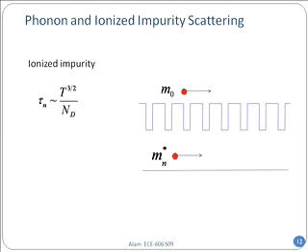Now, why T to the power 3 halves? Well, that has to do with screening of the electrons, because anytime a positive atom sits, it doesn't sit alone. It sort of brings around it a bunch of other electrons to screen it. And so when a new electron comes in, it not only scatters with the positive one, but with the surroundings, like a king and the court.